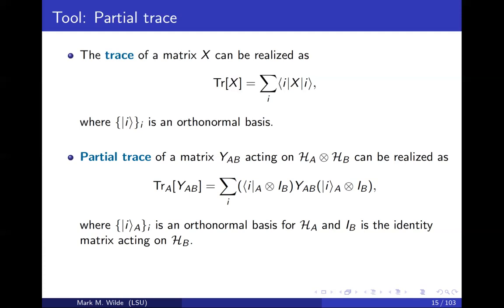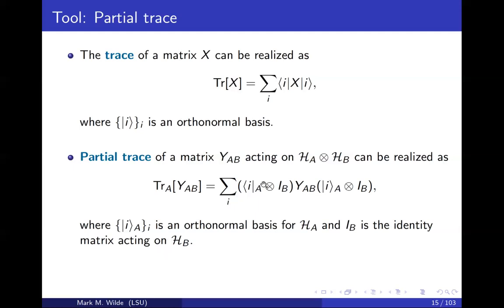Maybe Bob does not have access to Alice's system, and so that's all that describes his local system. Then you can use the density operator on his system to predict the outcomes of experiments conducted on his system alone, but don't involve Alice's system. So that's the use of the partial trace.